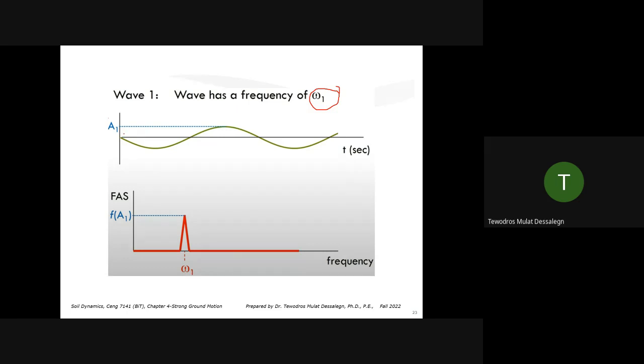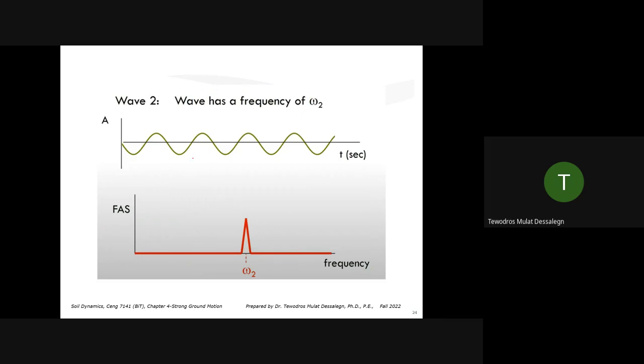This is acceleration versus time. Now we are representing it as amplitude versus frequency. That's how you get the frequency domain plots. So you have an acceleration time history. This periodic motion has a single omega 1. Then we put a single omega 1.